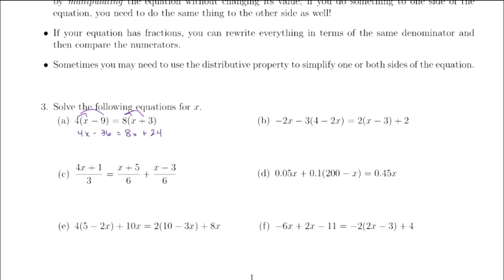Okay. And then I'm trying to combine like terms, so I'm going to move the x's to one side. I'm going to go for moving the 4x over, so I'm going to subtract 4x from both sides. So I have then, I'll just do it right here, minus 36 equals 4x plus 24.